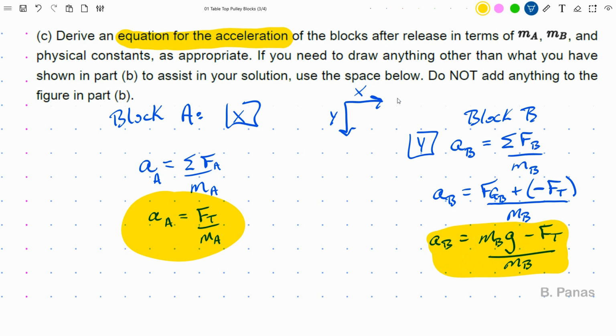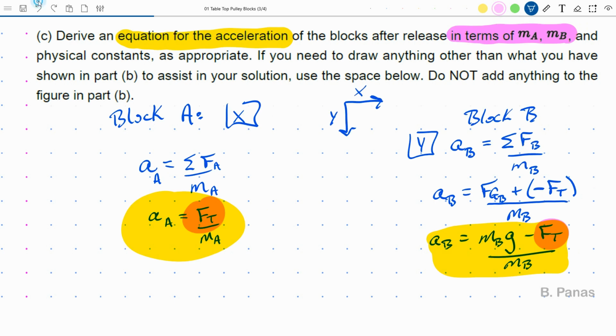That's factually true, but neither of these would be considered correct for the question we are being asked, because the question says, in terms of m A, m B, and physical constants. In other words, we're not allowed to have any other variables inside of our answer. And at the moment, I have the force of tension in both of these. So because of the force of tension being present in these two equations, neither one is what they have asked me to do. It fails to meet the objective.